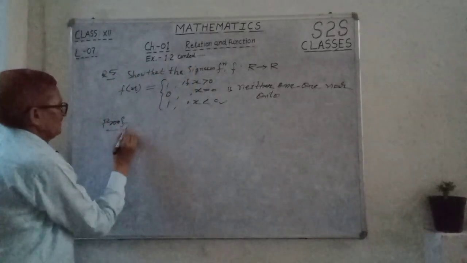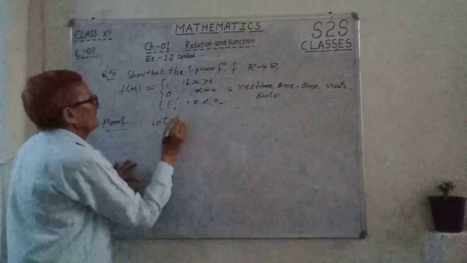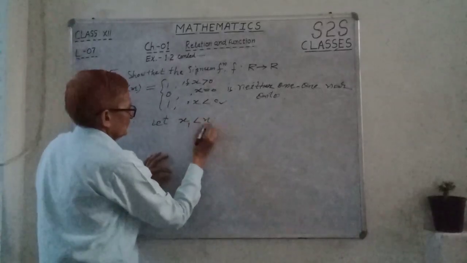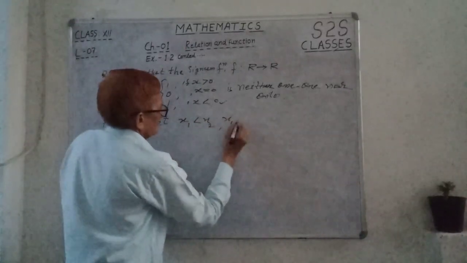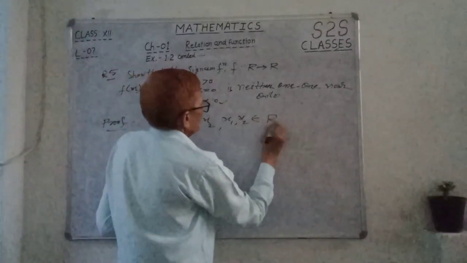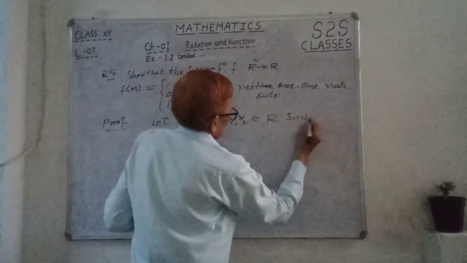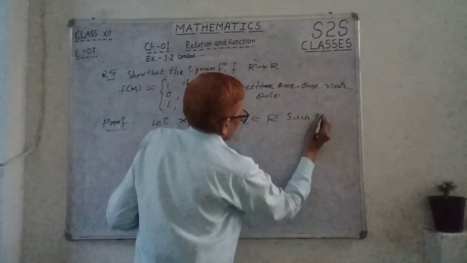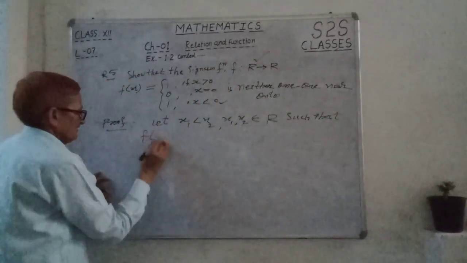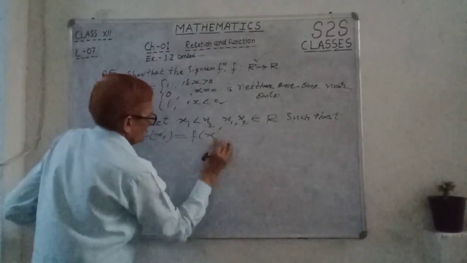Now proof for one-one: let x1 less than x2, with x1, x2 belonging to the real number domain set, such that the image at x1 is equal to the image at x2.